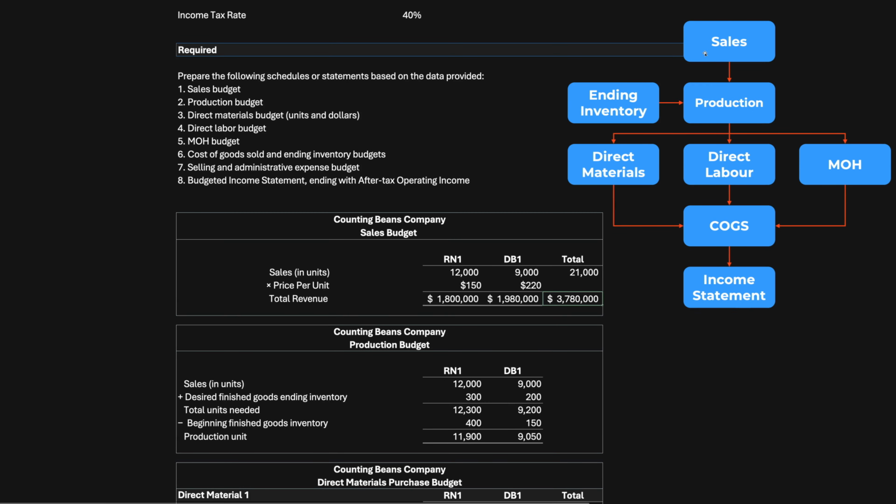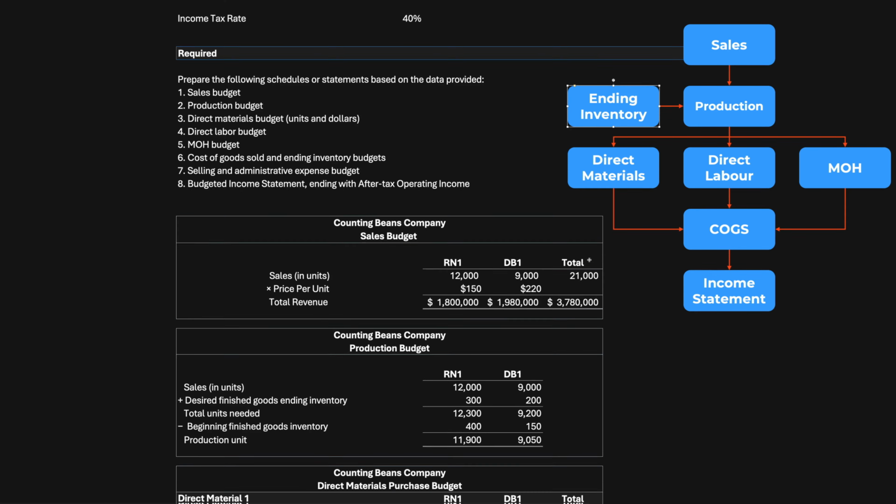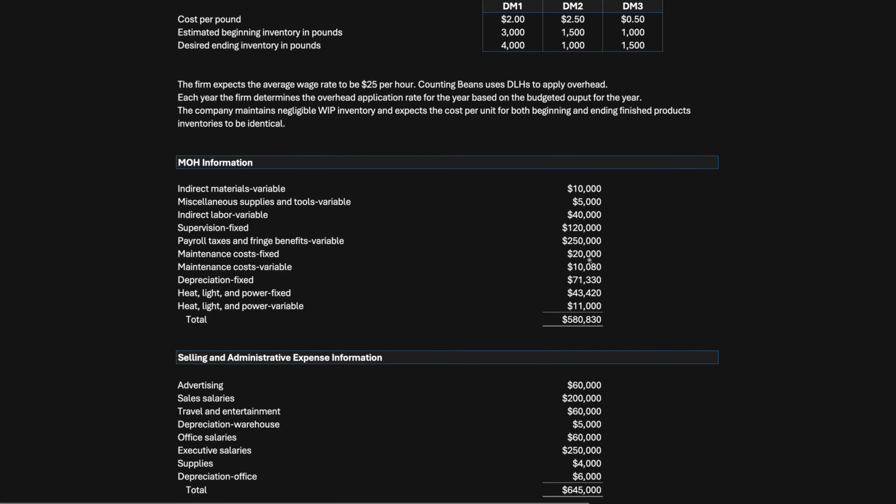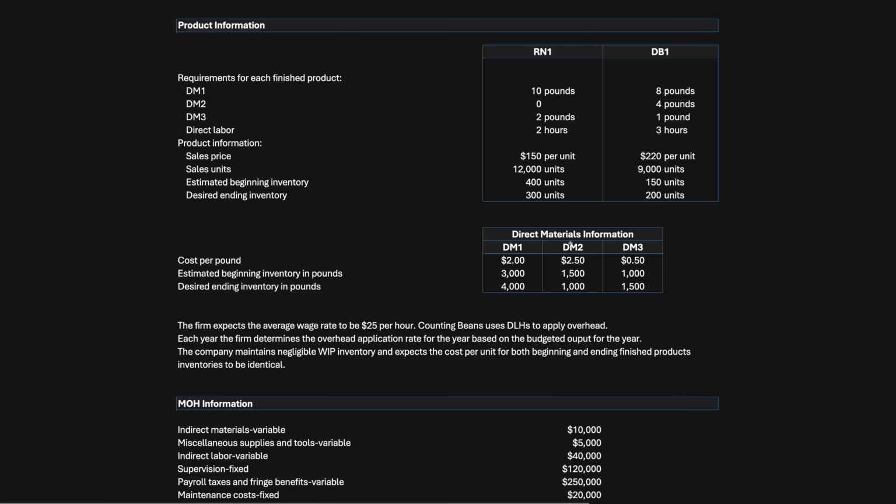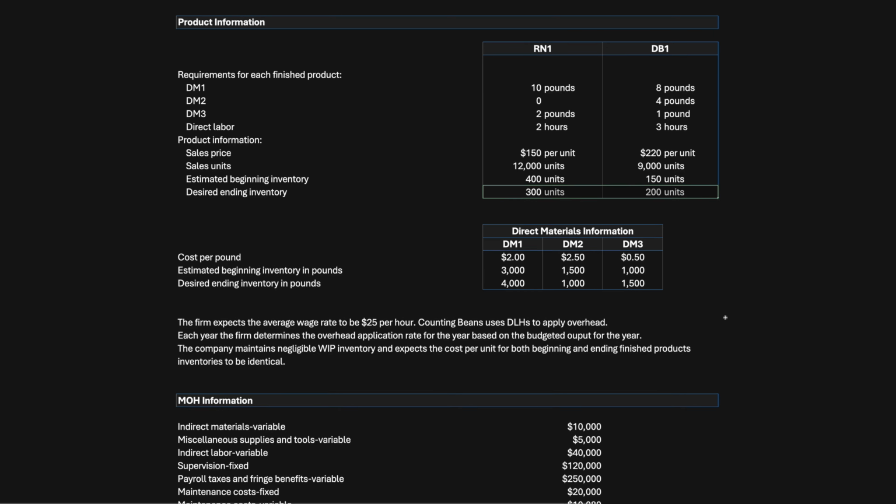So now that we are done with sales, we can go ahead and do production, provided we have some information about ending inventory. And again, we do. If we go back up to our product information, we are told what the desired ending inventory is for each product, 300 units and 200 units.